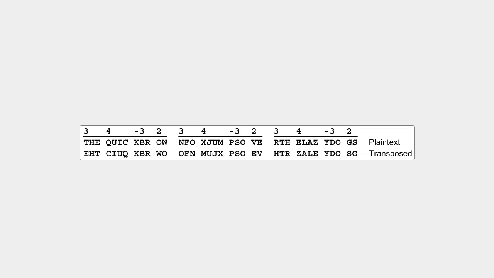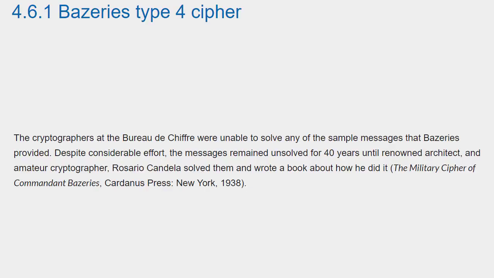You can strengthen this transposition by mixing in a few segments of text in normal order, perhaps by using negative numbers in the numeric key. Here is an example using the numeric key 3, 4, -3, 2. Note that this key is equivalent to 3, 4, 1, 1, 1, 2.